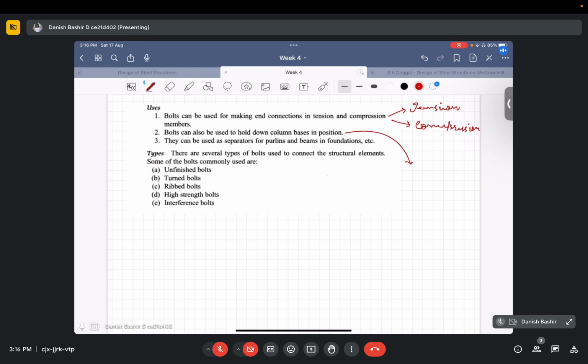Like for example, if we have a column like this, we have to erect it somewhere, and it is being held by some plate or base like this.